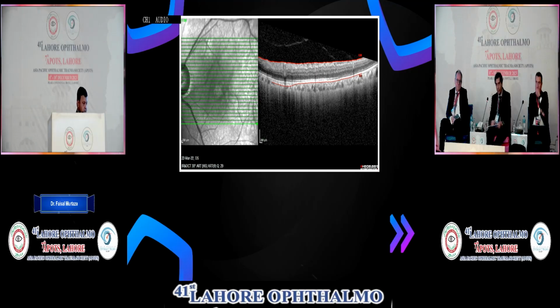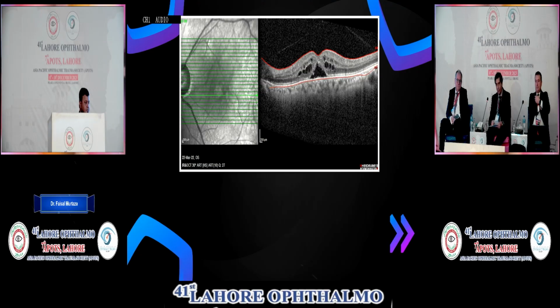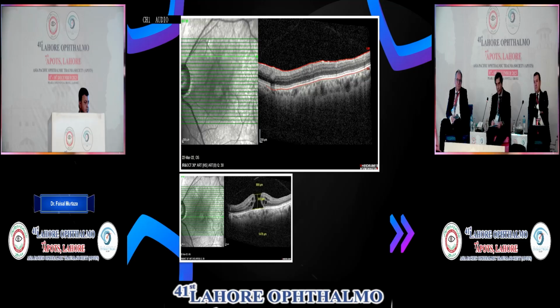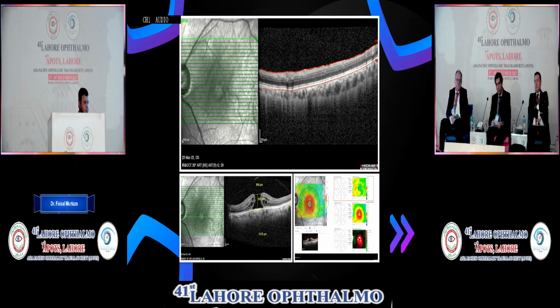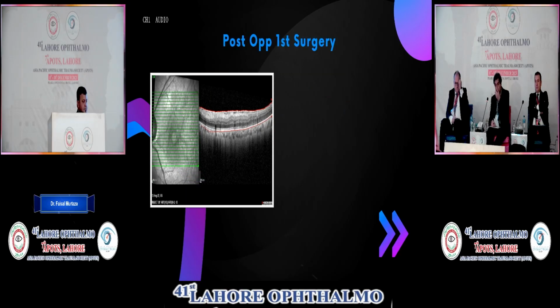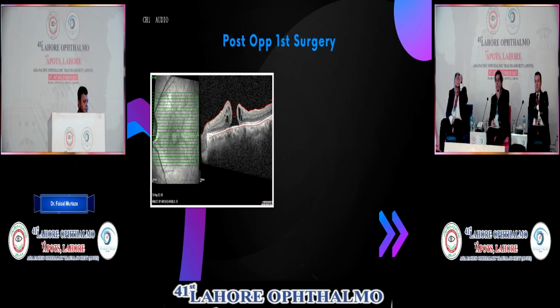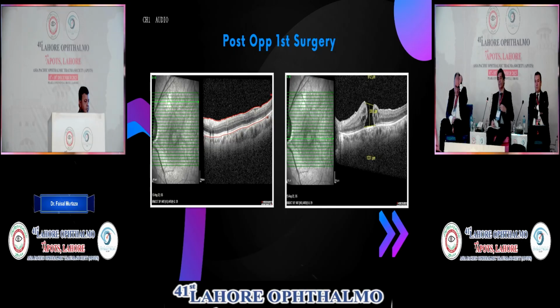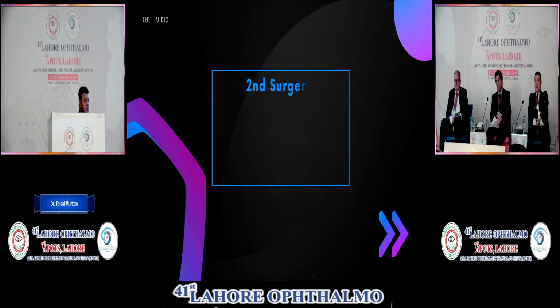This is the OCT. First surgery was done, ILM peeling with gas tamponade, and vision improved. You see the macular hole size was decreased, but still the hole is there.